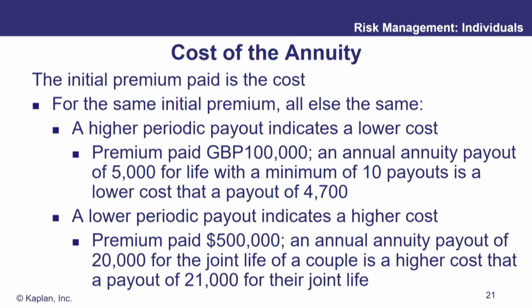Let's think about the cost of an annuity. Let's say the initial premium is $100,000. We made it GBP. These don't have to be in the United States. There's an annual annuity payment of $5,000 for life, with a minimum of 10 payments.